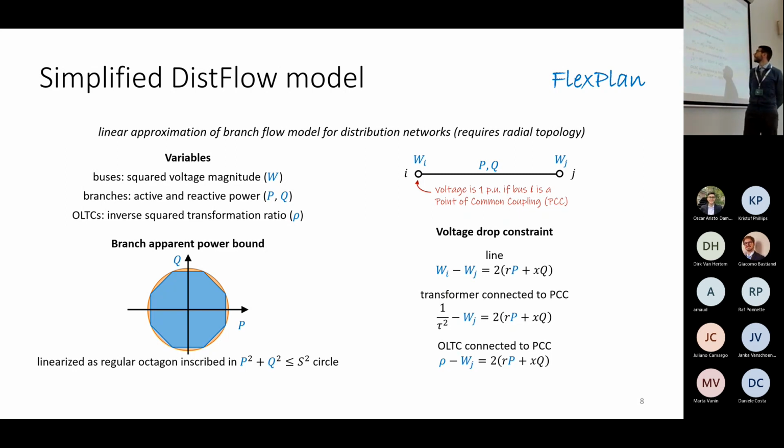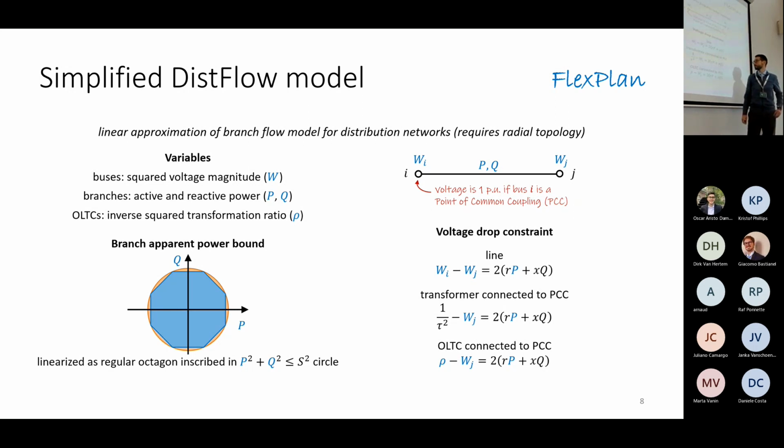And the other addition was that we decided to include also transformers to have better modeling of distribution grids. So in a standard line, the difference between the voltage on the two extreme buses is computed like that.